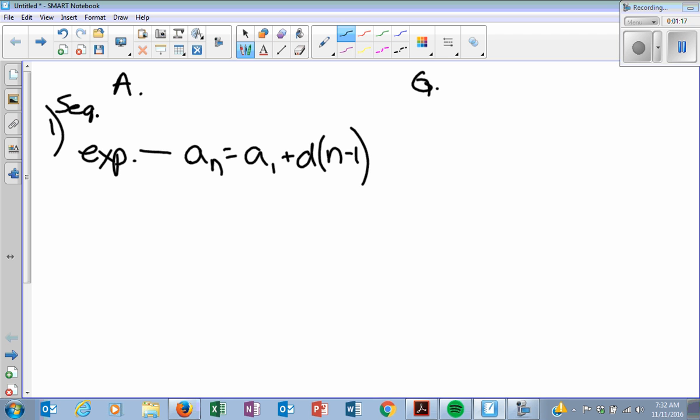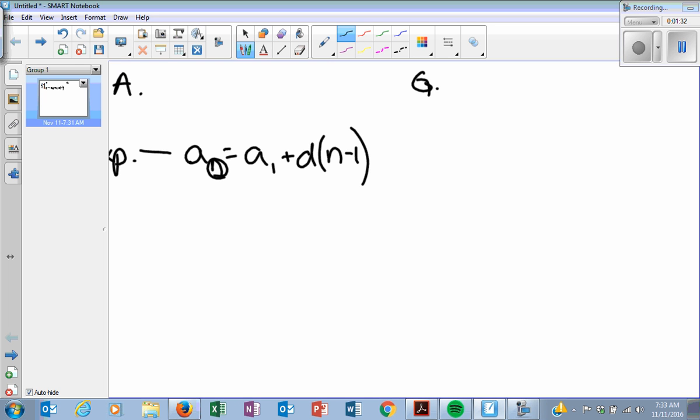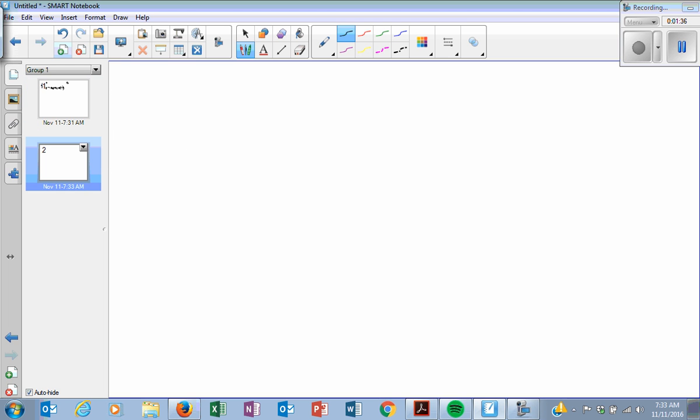Okay. One thing that I'm seeing a lot of people get confused on is this idea of A-N. Let me go to a new page. Do you guys understand? Here's the sequence.